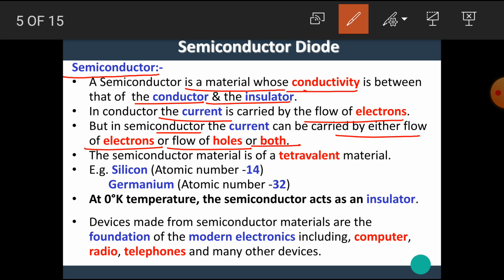The semiconductor material is a tetravalent material. The question arises here, what is meant by a tetravalent material? The material in which the outermost orbit contains 4 valence electrons is called a tetravalent material. For example, silicon, germanium, etc. The atomic number of silicon is 14 and the atomic number of germanium is 32.